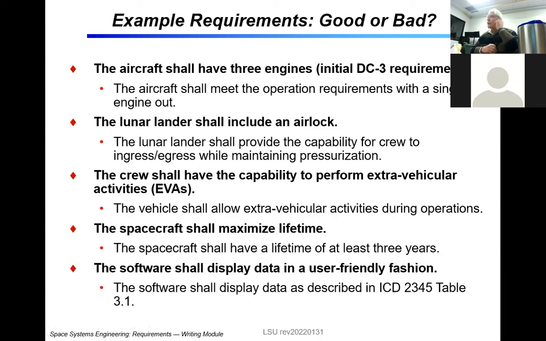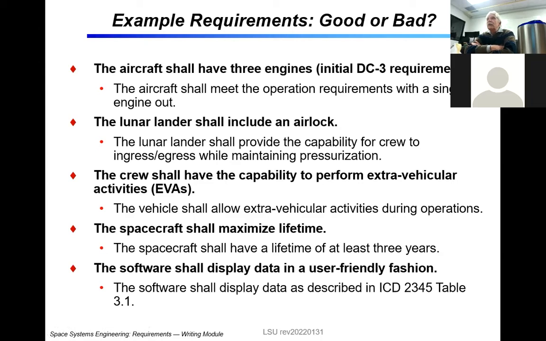That's why the DC-3 had 3. The implementation to satisfy that requirement is to put 3 engines on it. So that's a distinction between an implementation and the actual requirement. All right. The lunar lander shall include an airlock. Very vague as to what exactly that means, right?